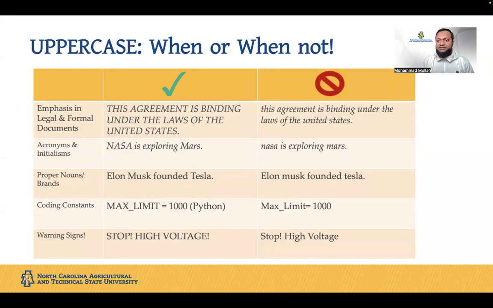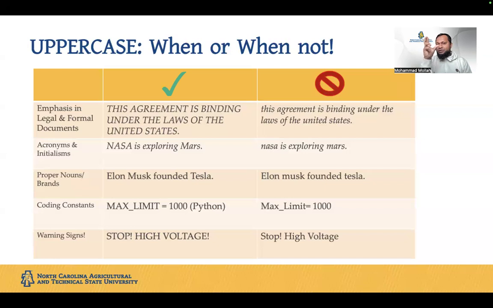Coding constants. Sometimes coding constants come with uppercase. And most importantly, anywhere I go, I check and I find any warnings are with uppercase. That's actually the convention.